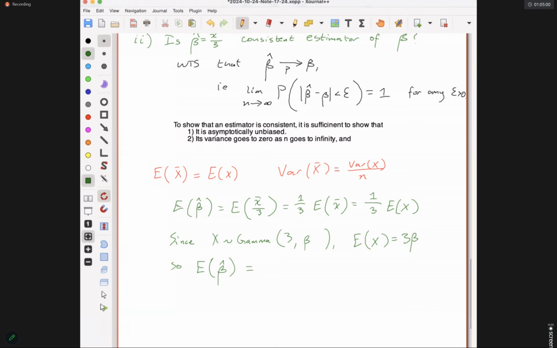It's 1/3 expectation of X, like we wrote above. And we just said that the expectation of X is 3 beta. So this is 1/3 times 3 beta. The 3's cancel, and so this is beta.